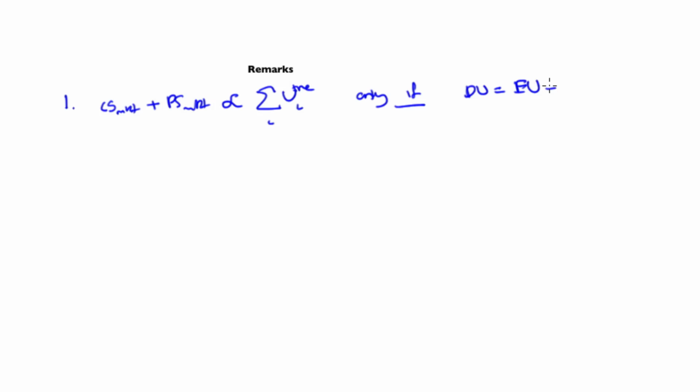Let me finish with three remarks. The first one is that our measure of consumer surplus for the market plus producer surplus for the market is proportional to the sum of the true utilities, the experience utilities, for all people, only if decision utility is equal to experience utility plus a constant.